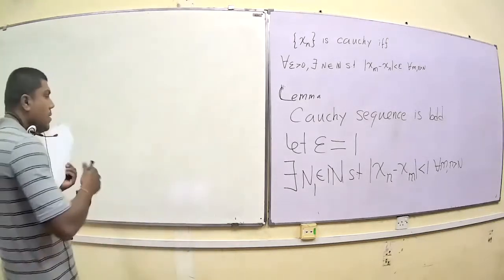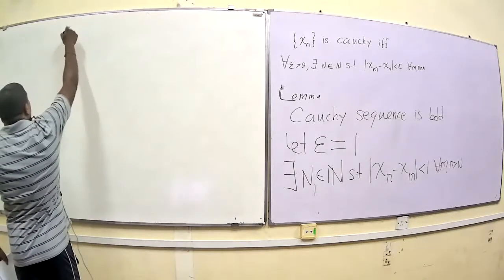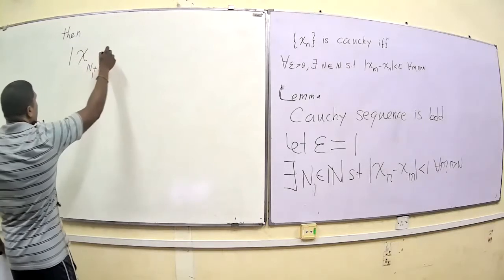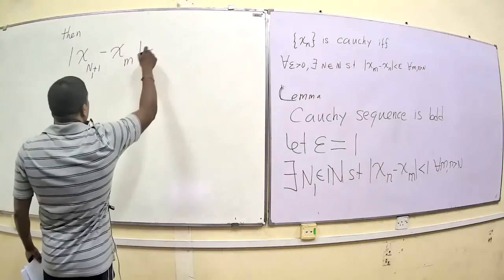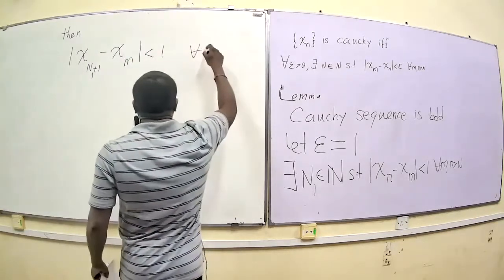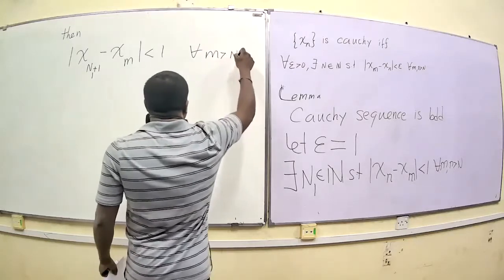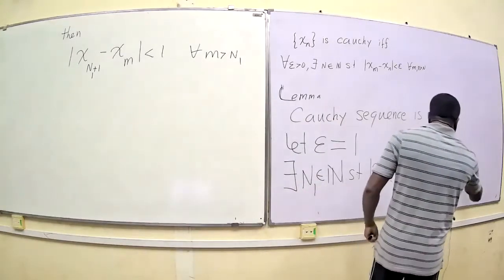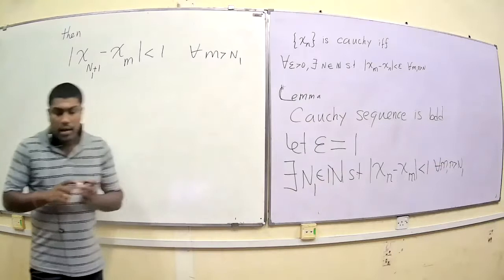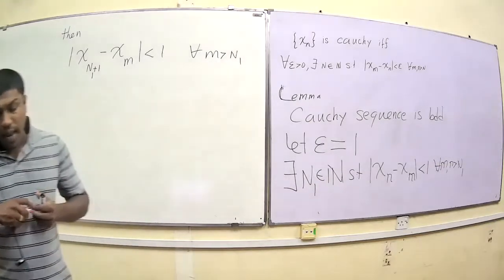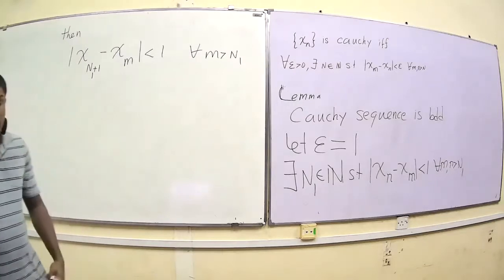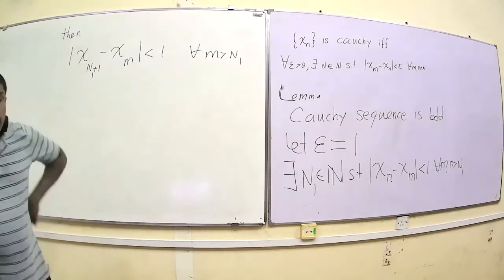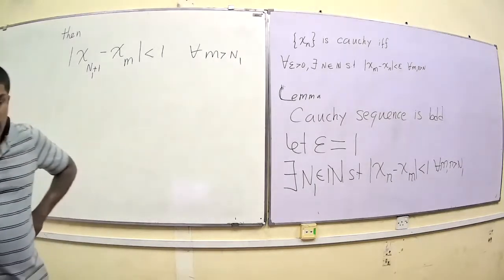So then what you have is this: for all m, n greater than n1, because you fix N now as n1, you can say that n1 plus 1 is obviously larger than n1, so that's clear.